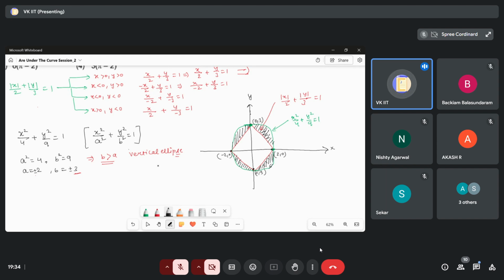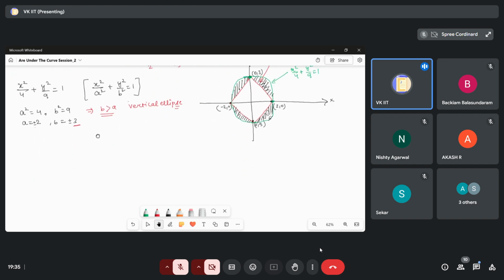There are two ways to solve this question. We will solve this question in both ways. So suppose I'm taking a strip here.